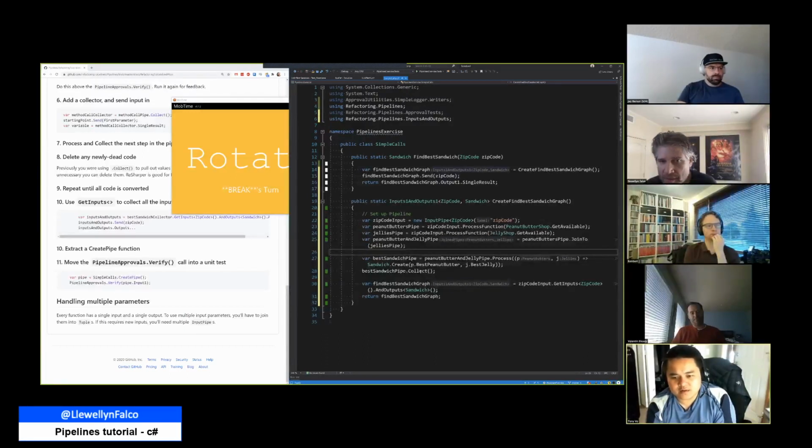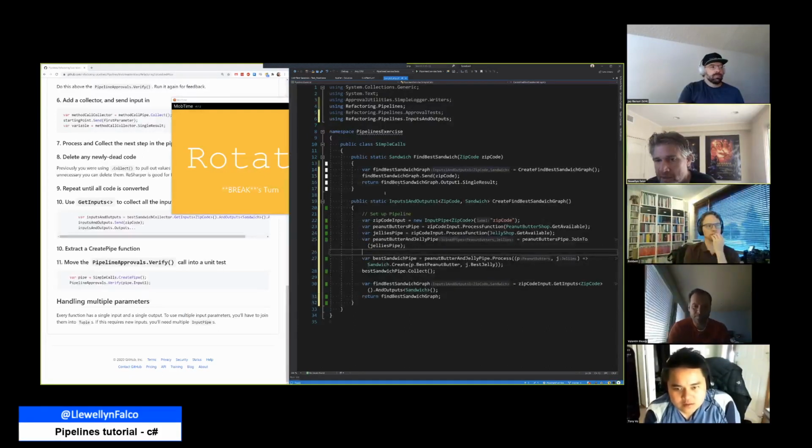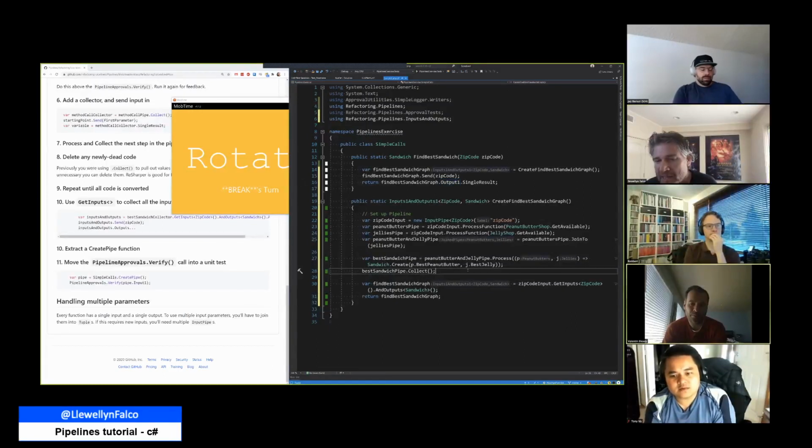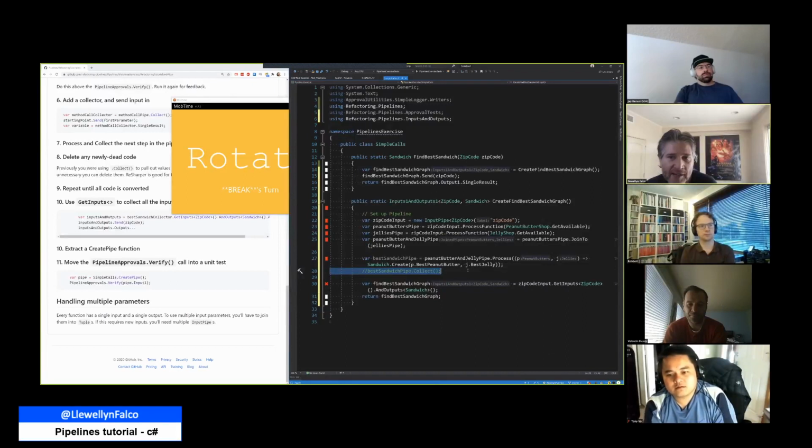So why do we need that? It does, on line 16. If you send things through the pipe and you don't collect them, there is no result of sending something through the pipe. It's equivalent to doing a LINQ statement like find first, where you do all this LINQ and get the first, but you don't hold onto it as a variable.